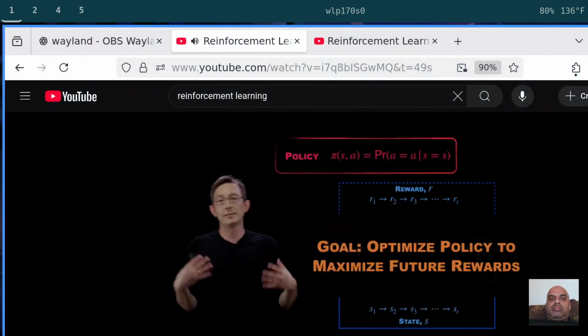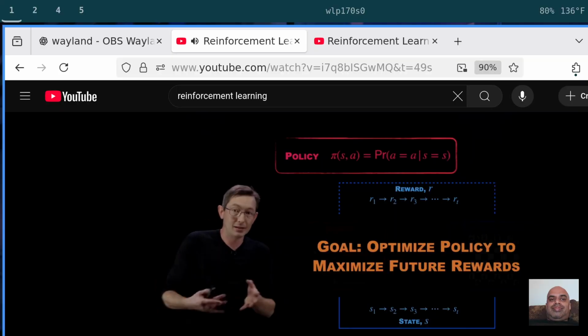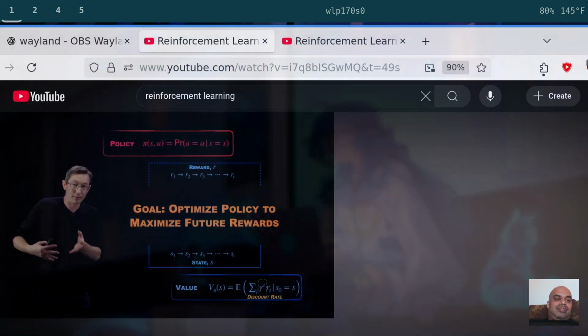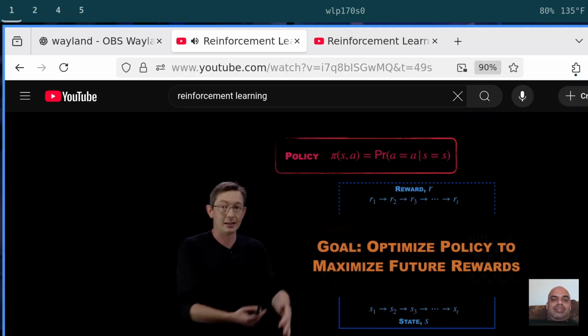The value function tells me how valuable it is to be in a particular state, so I might want to move myself into that state.